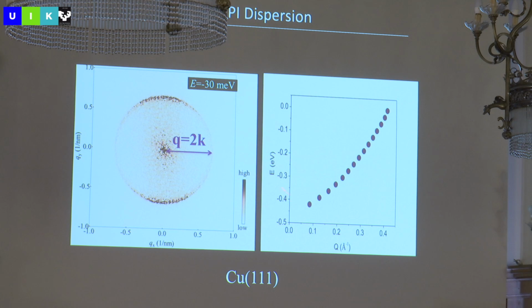And now I can plot the size of this circle as a function of energy. This is actual data, and the error bars are much, much smaller than these circles, by the way. And so there you go. This is the parabolic dispersion. By the way, we fitted this, and not only does it fit ARPES data perfectly, but more than that, if you look very close to the Fermi energy, amazingly, you'll see little wiggles.